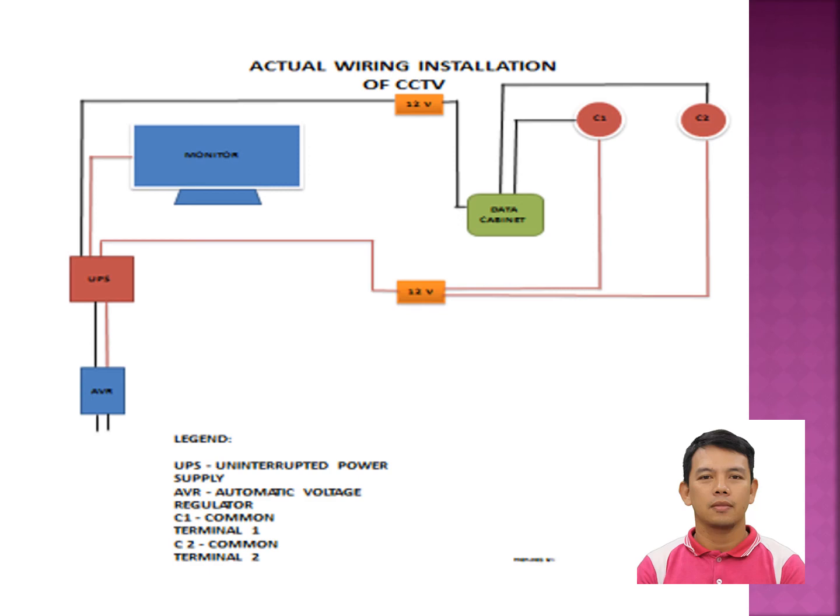But if you have UPS or uninterrupted power supply, you can use the UPS. So AVR to UPS, plug the monitor to the UPS, and then plug the 12 volts to the UPS.